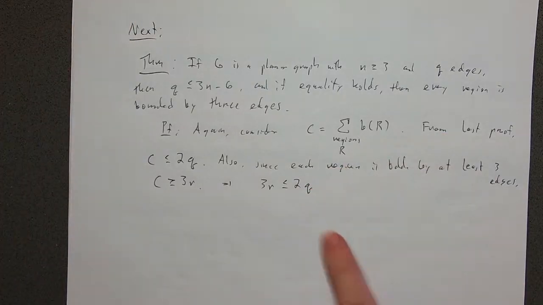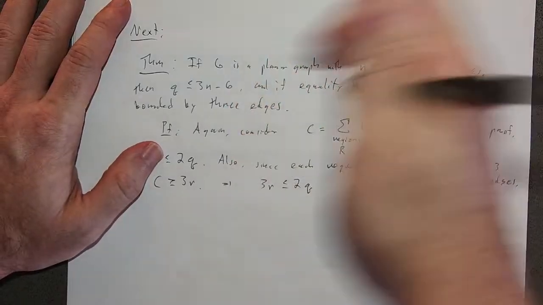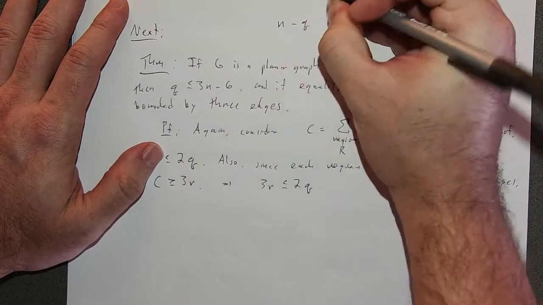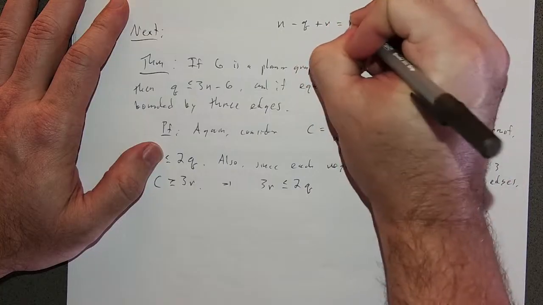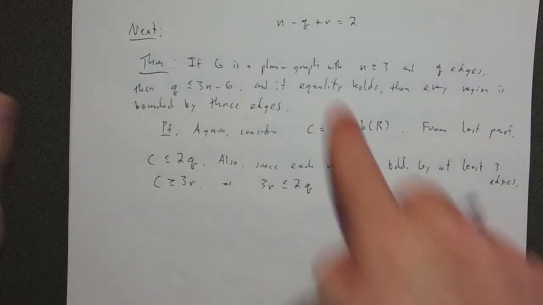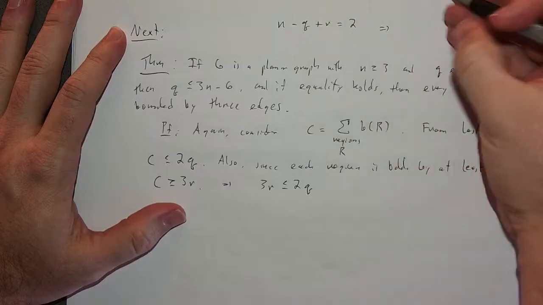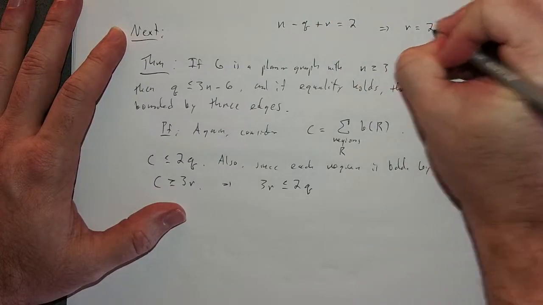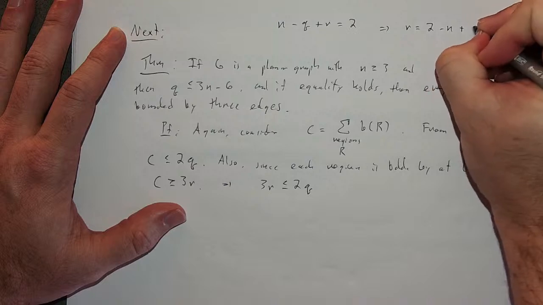Okay. By Euler's formula, n minus q plus r is equal to 2, so solving for r, this means that r is equal to 2 minus n plus q.